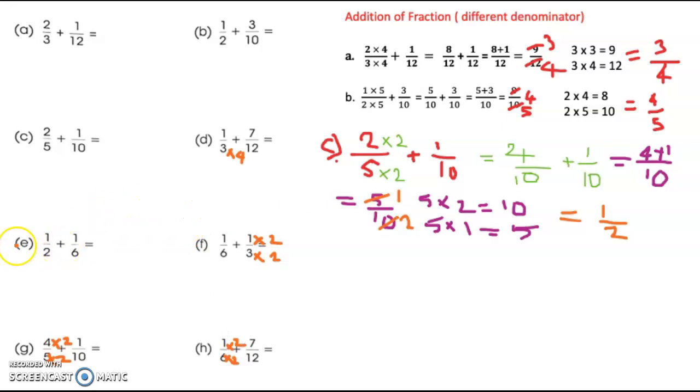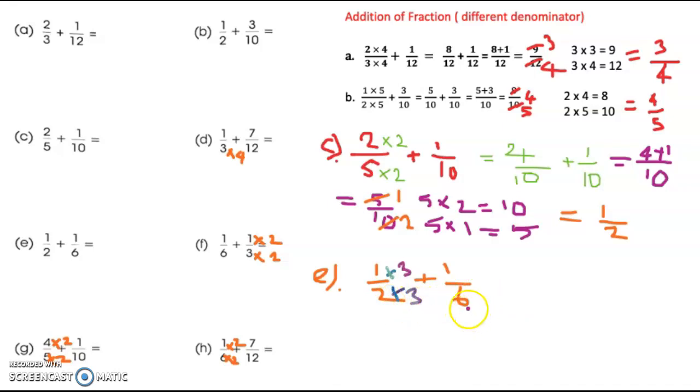Now let me do E for you. Question number E: 1 over 2 plus 1 over 6. Now 6 is a multiple of 2, yes, because 2 multiplied by 3 we get 6. So we have to multiply the numerator also by 3.